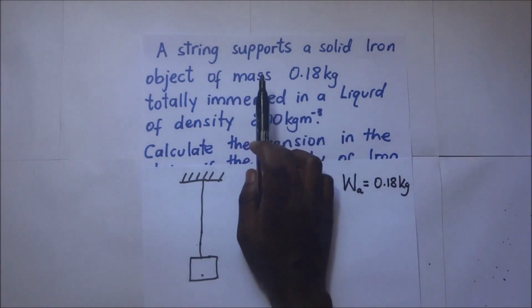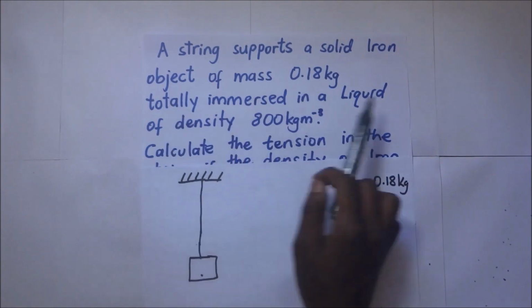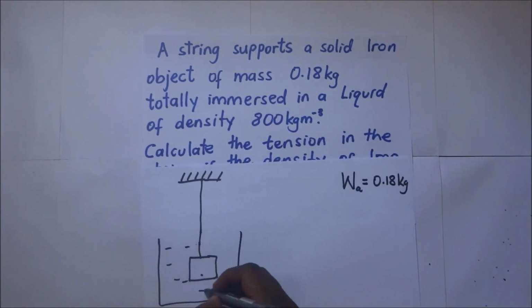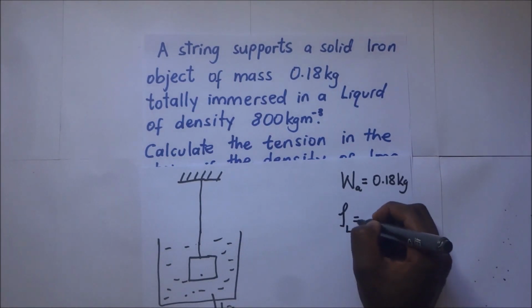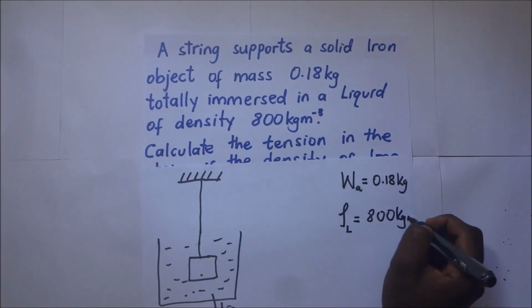Now, the question says that the string supports a solid iron object that is totally immersed in a liquid. So this thing is totally immersed in a certain liquid. This is the iron. It's totally immersed in a liquid whose density is 800 kilograms per meter cubed.